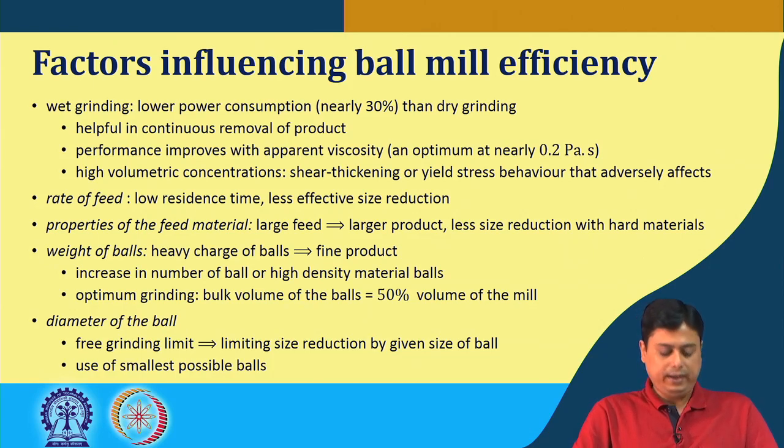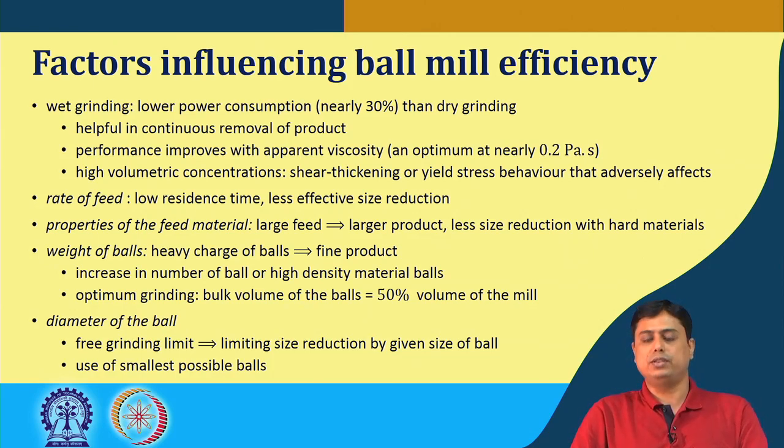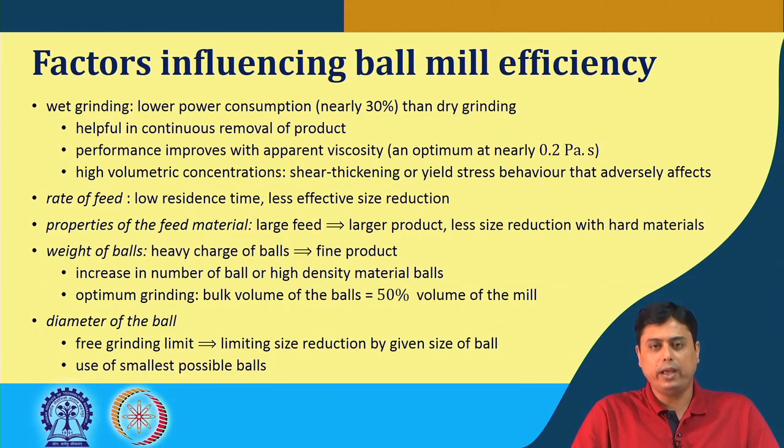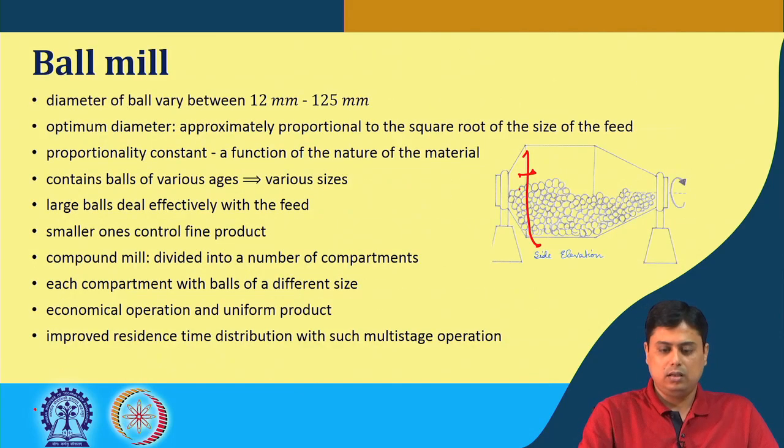There are several factors that influence the ball mill efficiency. In order to reduce the power consumption, one of the popular ways to operate this ball mill is wet grinding, or operation with some liquid. Here we need a liquid phase to flow the feed as a suspension.